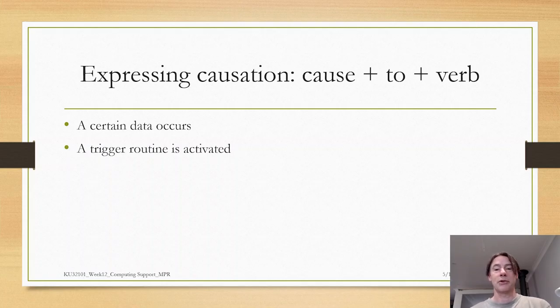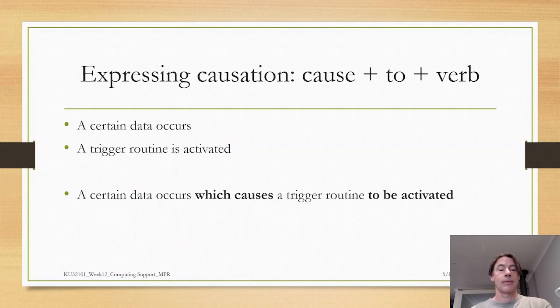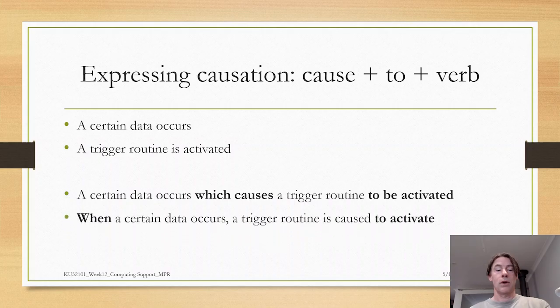We'll look at some examples to make this clear. A certain data occurs which causes a trigger routine to be activated. Or we can say when a certain data occurs, a trigger routine is caused to activate.